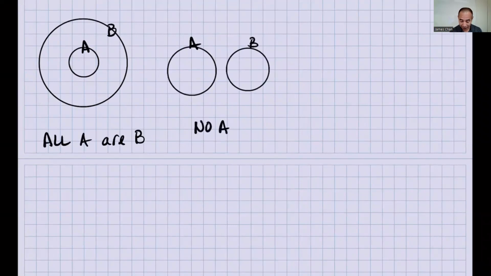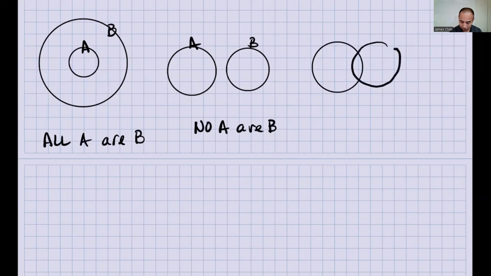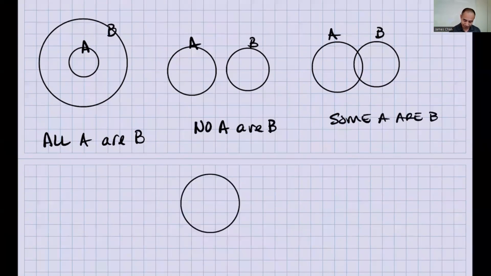There's no A that are B. How about this one? Some A are B. And that is talking about, though, guys, just so you know, this piece right in here, right?